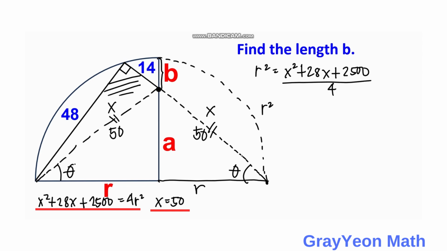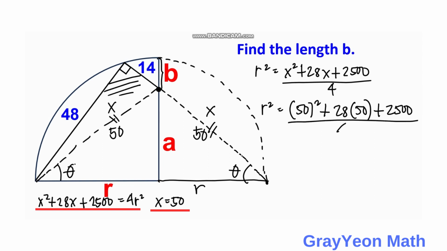So since x is 50, we have 50 squared plus 28 times 50 plus 2,500, over 4. Then r squared is equal to 1,600 and r is equal to 40.